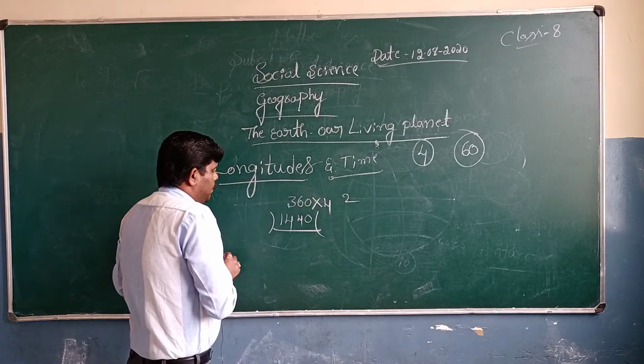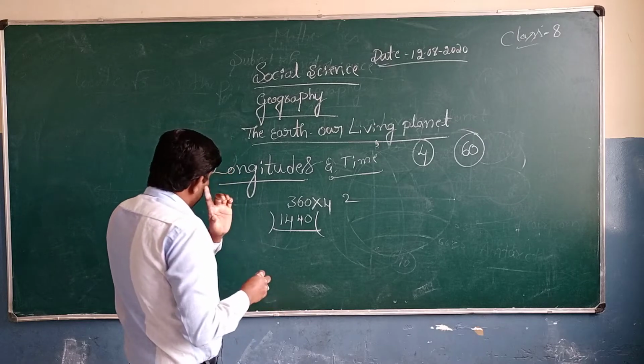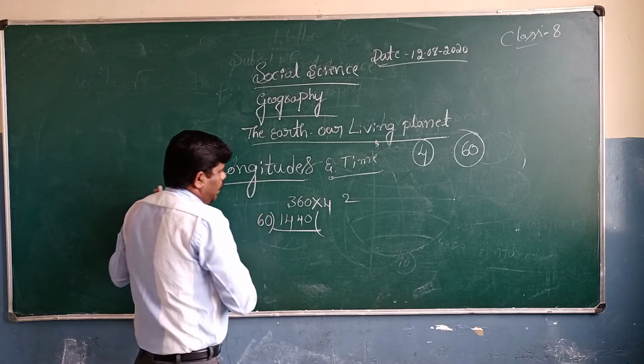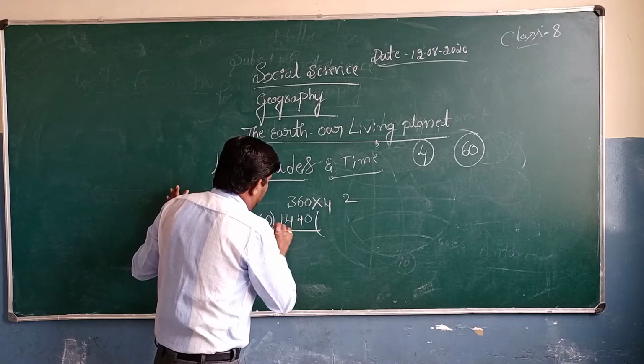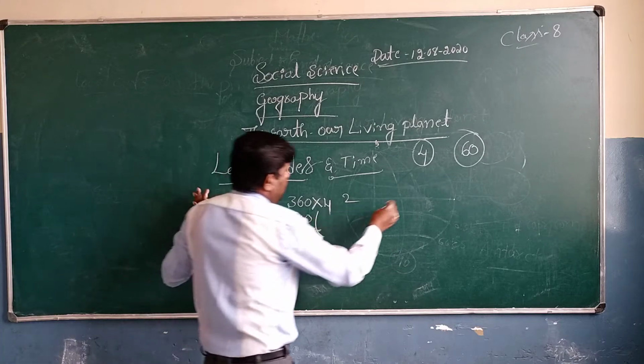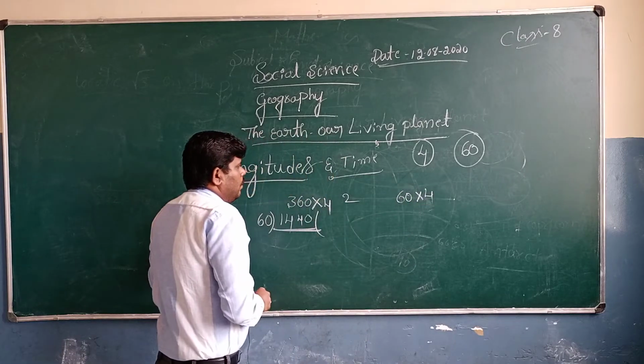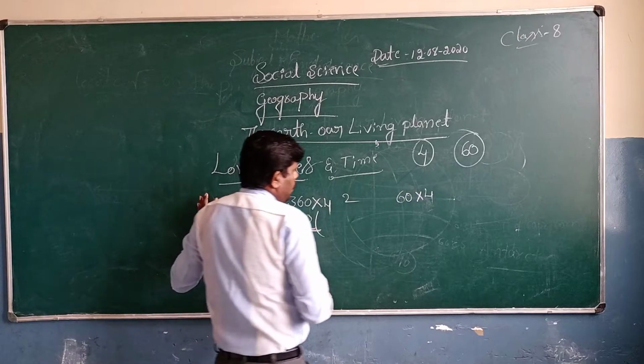Divided by 60 minutes. Right. What is the number of hours taken? 60 into 24.